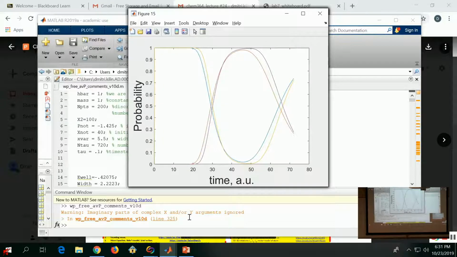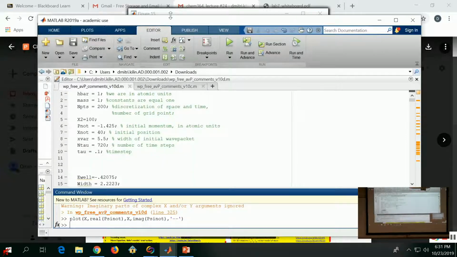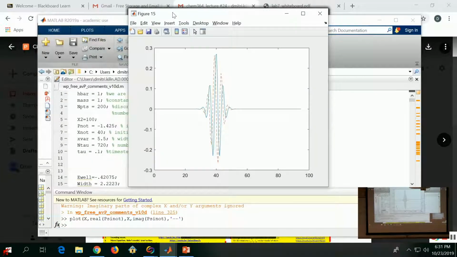But let's redo this experiment of plotting real and imaginary part. What do you see? Does it look like Gaussian function now? No. But how would you define? Would it look like a product of Gaussian function times something that quickly oscillating?